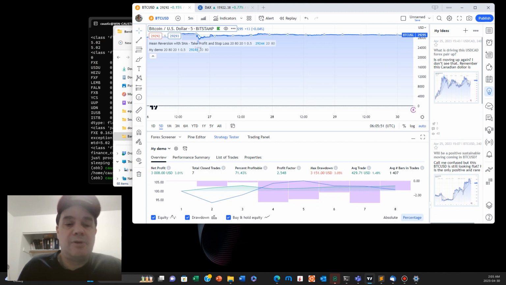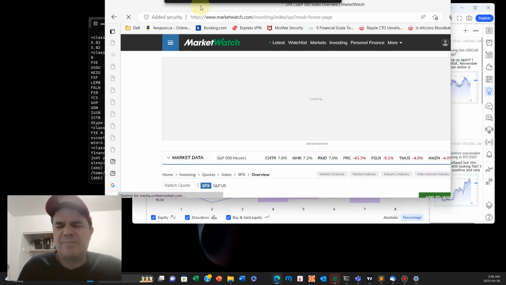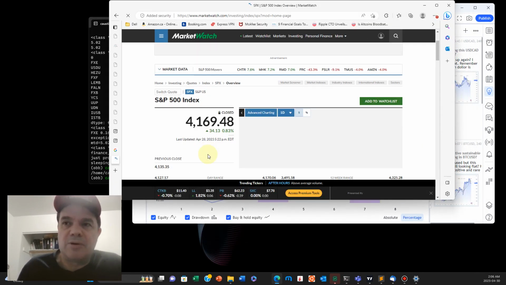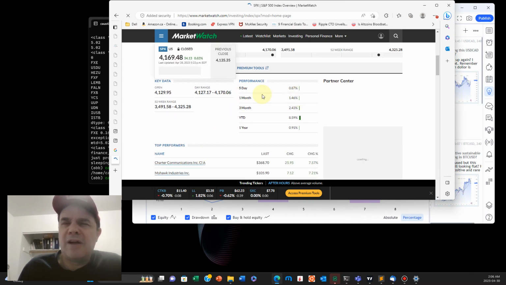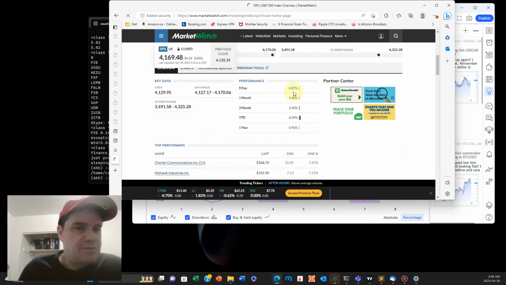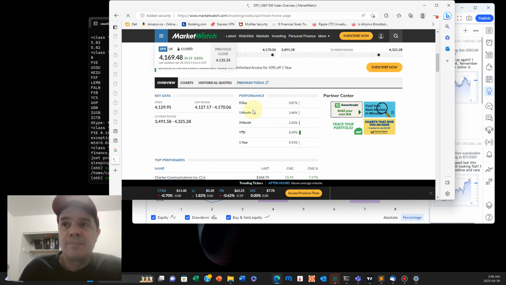Let me just pull up, out of curiosity, the S&P 500. So if I go to Market Watch and look up S&P, here's the performance of S&P that you would typically use as a benchmark. Here you can see 5-day 0.87. So here with what I just showed you is 3%, almost 3 times. 1 month at 1.46.